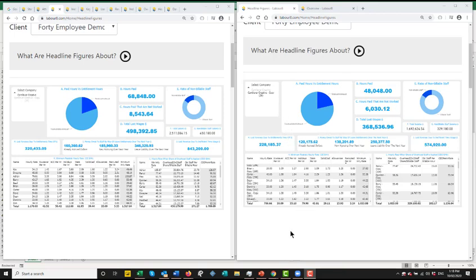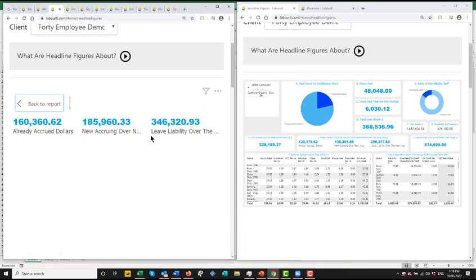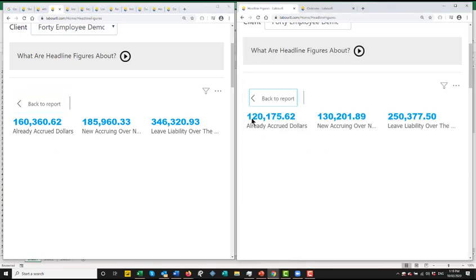But if I look across the page now at the other figures, and let's start with this one here, what I can see here is that I already had an accrued leave liability of $160,000. That means my staff were already owed $160,000. That's $160,000 sitting in my bank account that actually belongs to the staff. Over here, I'll see that that figure has now dropped down to $120,000.